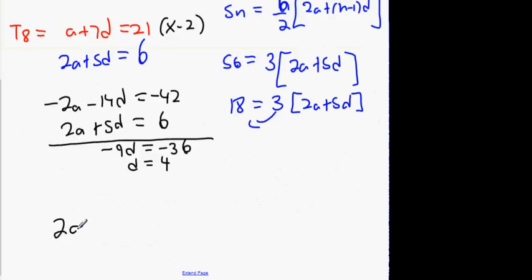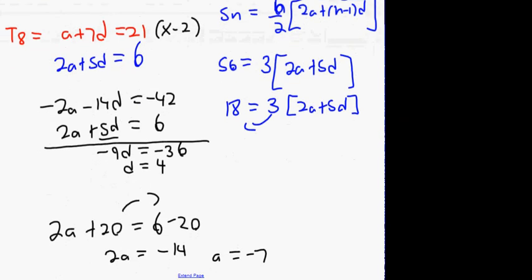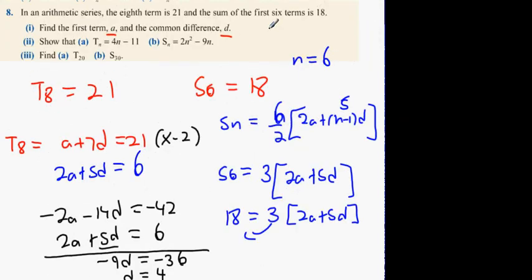So 2a plus 5d, which is 20, equals 6. 2a equals minus 14. a equals minus 7. So a equals minus 7 and d equals 4.